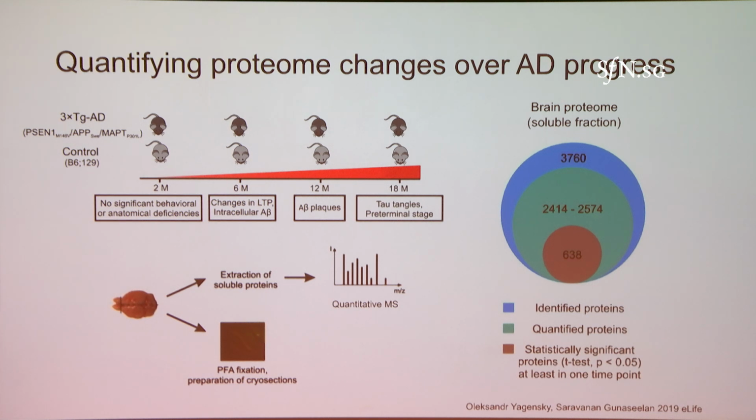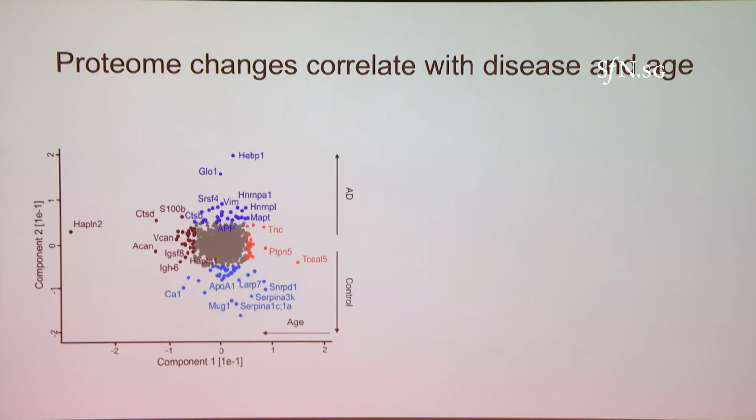There's a lot of interesting data over here because it also addresses aging, but I'm going to focus more on AD itself. And to crunch all the data, you can do something we call a principal component analysis. If you crunch all the data, as I mentioned, you can differentiate AD-causing proteins that are changed, or aging proteins, or proteins that are related to aging that are changed in the brains of these animals as we go along.